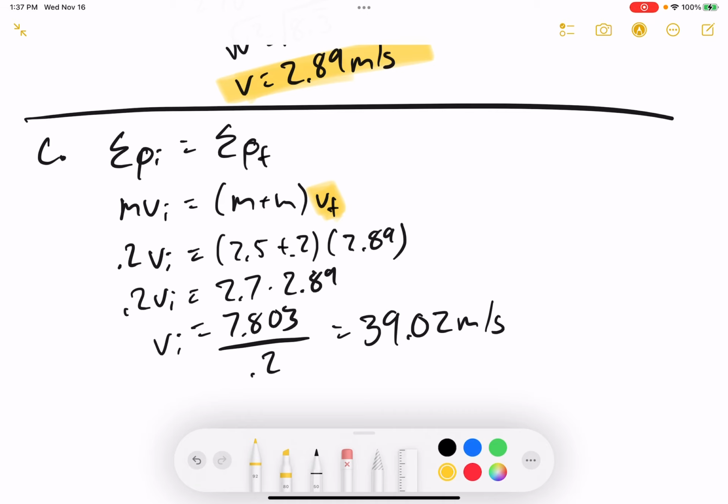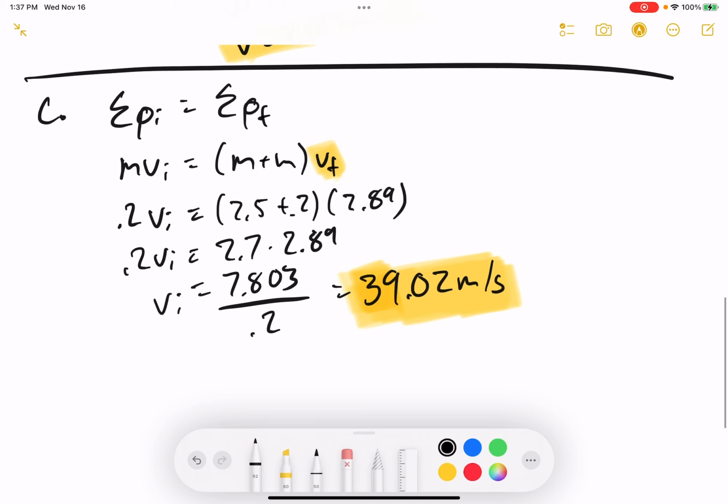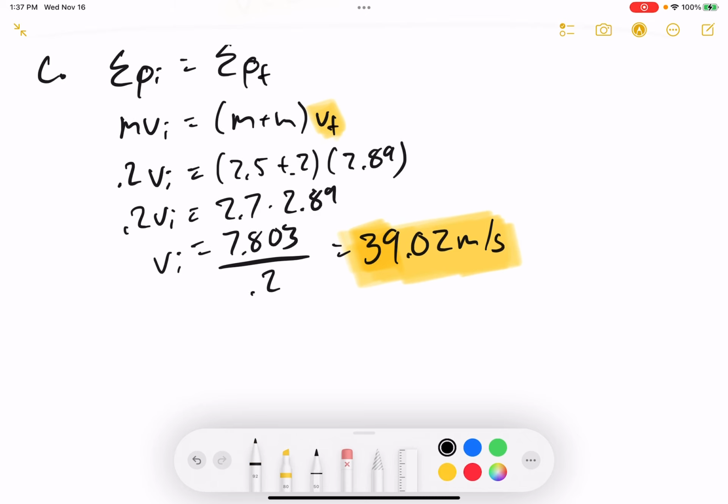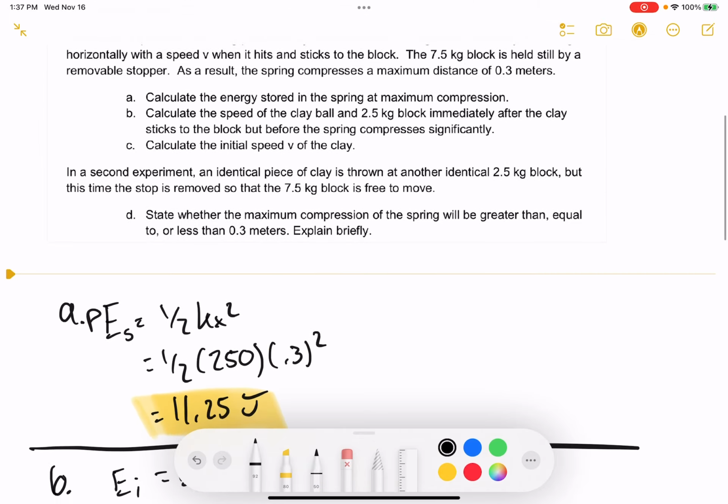So that is just my initial velocity of that clay blob. And that's just a momentum question. Let's go ahead and look at part D.